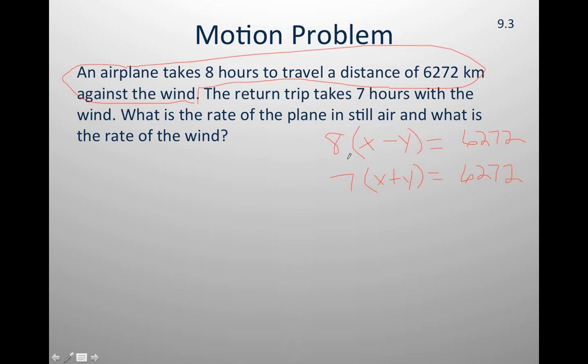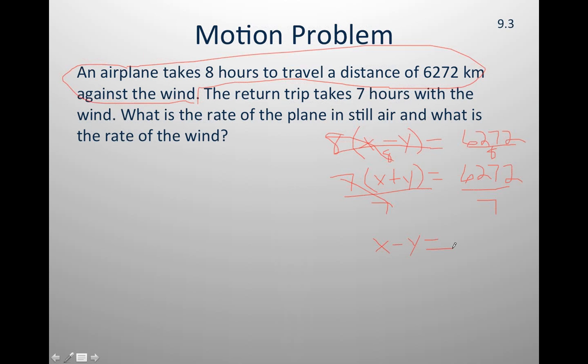Now to solve this problem, I can simplify this down by dividing both of these by 8 and then dividing that by 8. I'm just trying to get it simpler. I'm going to divide that by 7, and I'm going to divide that by 7. Of course, that'll cancel out. That'll cancel out. And then I'll be just left with x minus y equals, and then let me see if it'll shake out to be a whole number.